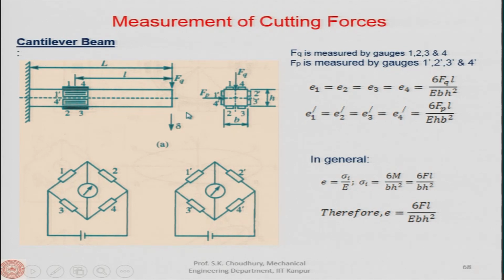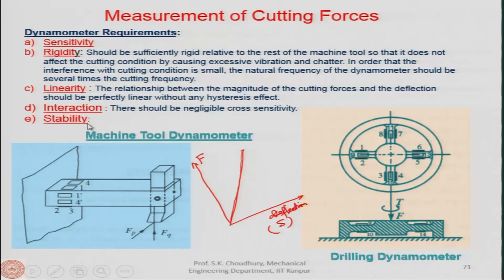So, this is the cross sensitivity: when you are measuring one force, that will be sensed only by a particular set of transducers or gauges, and other gauges will not be affected, not show anything. Okay. Now next is the stability.